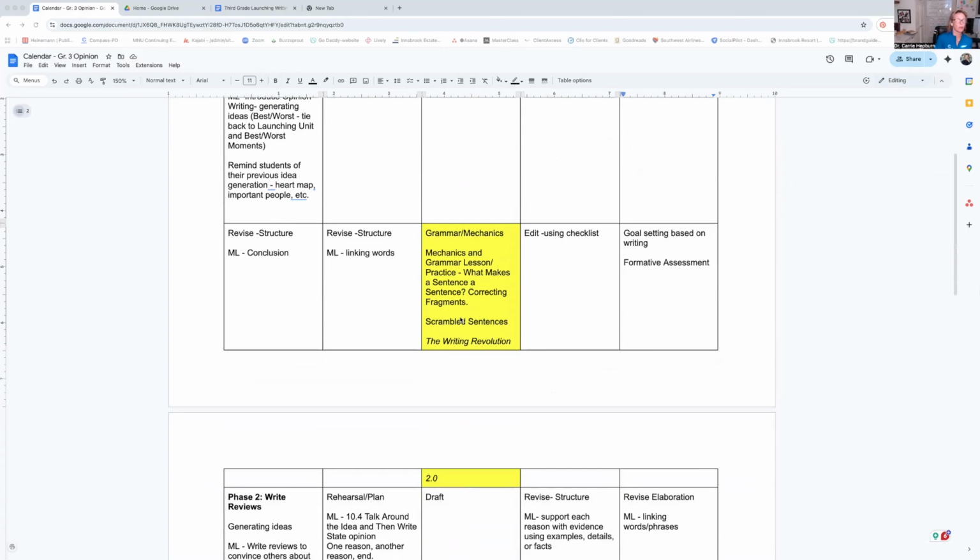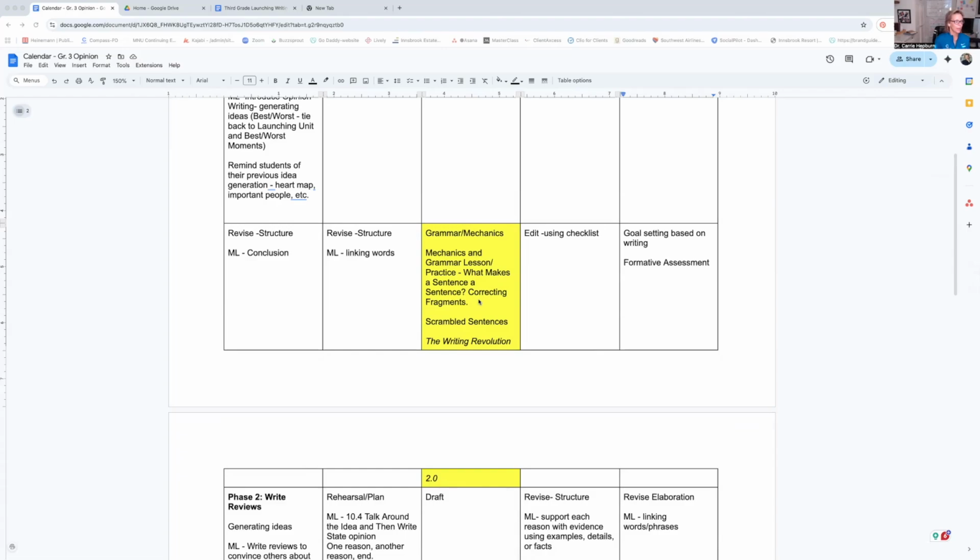Now, this is not the only grammar and mechanics happening. Please keep in mind that we aren't only teaching grammar and mechanics two times in an entire month, but in the context of writing workshop, we are teaching it here. Grammar and mechanics can be happening during your word study time. You can be pointing it out in reading. You can be doing it a variety of times. Intentionally planning that is vital.